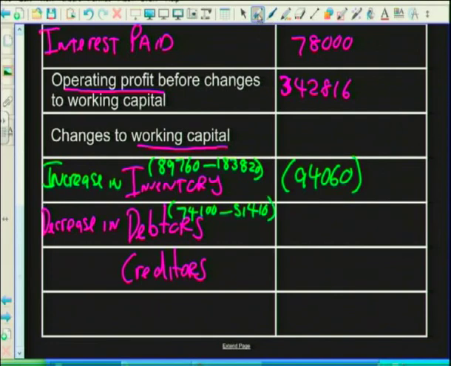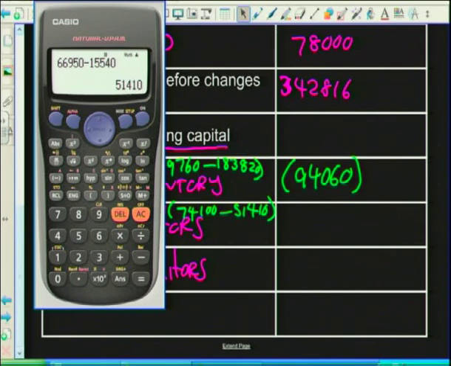Right, let's get those calculators out and let's calculate the decrease. So we've got 74,100 less 51,410, and there's our decrease, 22,690.